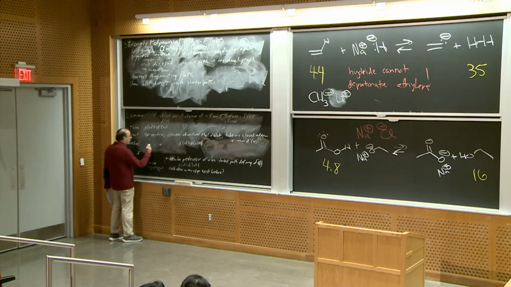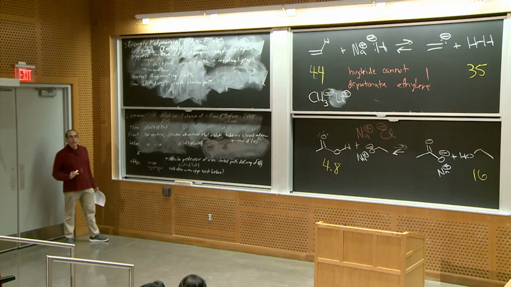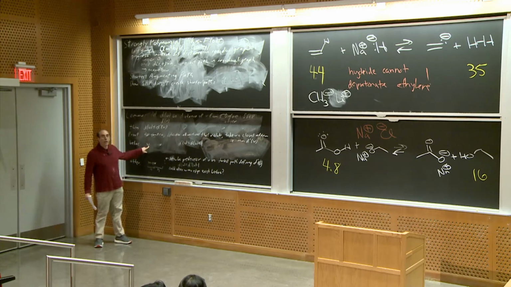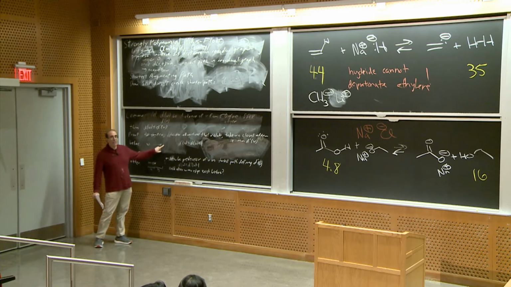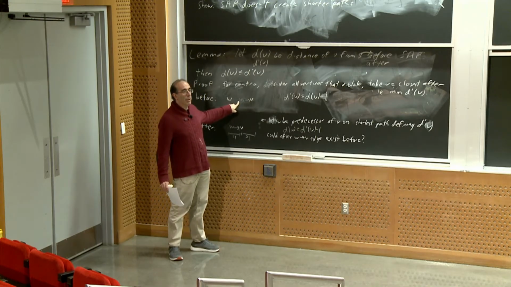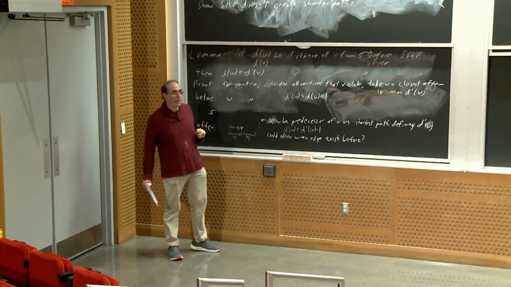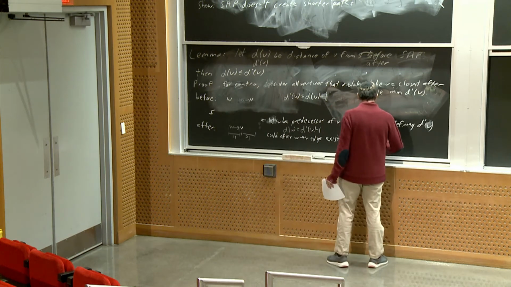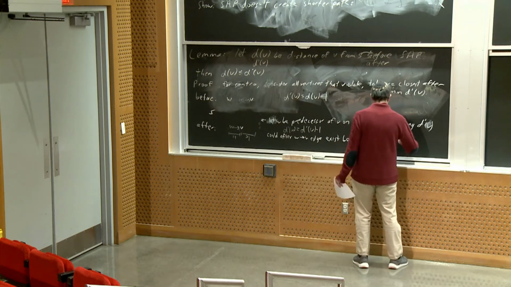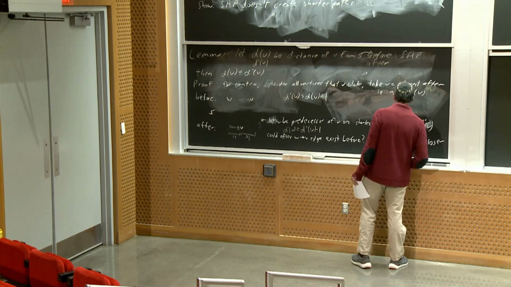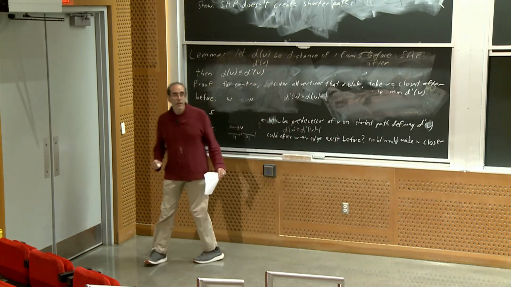Exactly. If there was this edge from W to V, that would create a path to V whose length is 1 more than W, which would mean that V is not where it should be, right? V should only be 1 step away from W instead of being 2 steps away from W, right? So the answer is no, because it would make W closer than it actually is to S before.